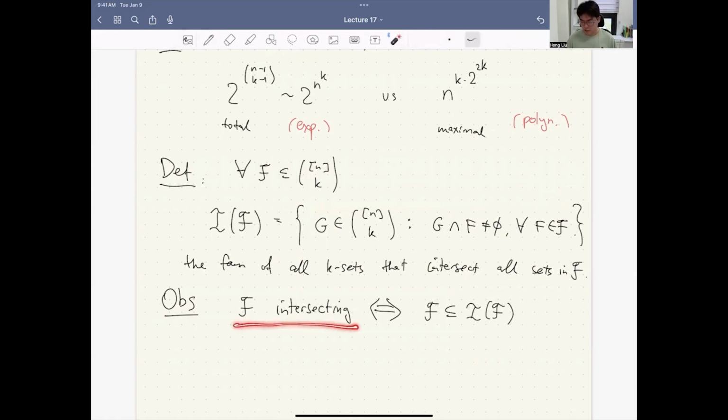If it's intersecting, then everything in F also intersects everything in itself. So this direction is trivial. The other direction is also trivial, just by definition.